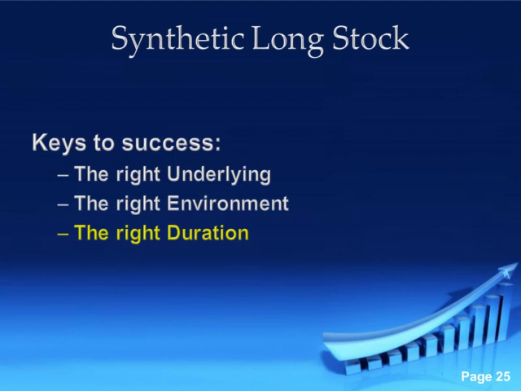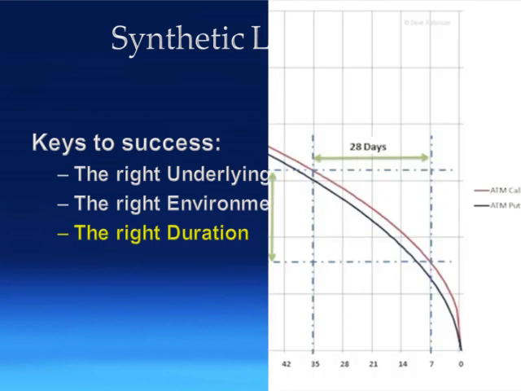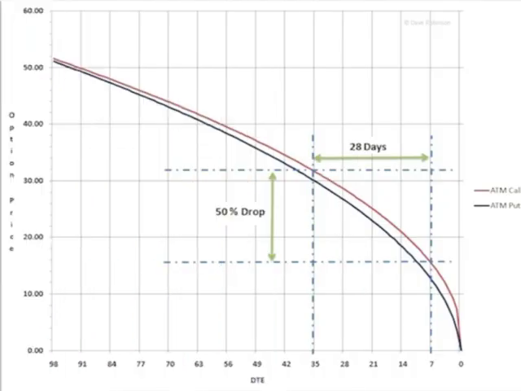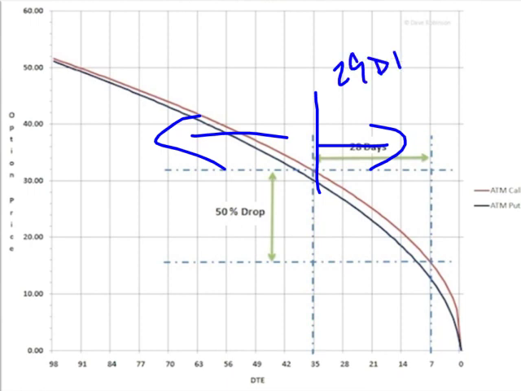Now, with the right duration, we want to give ourselves enough time to be right. The pricing is going to be basically the same inside of 35 days as it's going to be outside of 35 days, in those different options. Right now, one option expires at 29 days to expiration, and the next cycle out is 92 days to expiration.